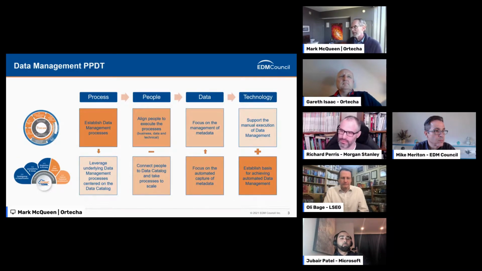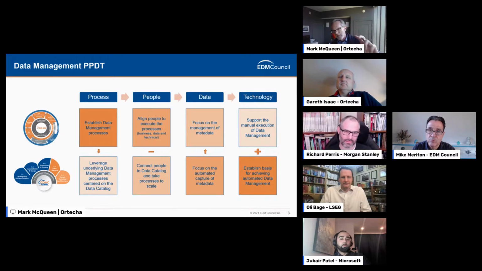Now, this second model here is suggesting a little different look on the comparison of DCAM and CDMC through the eyes of process, people, data, and technology. So requirements around process, requirements for people, data, and technology.